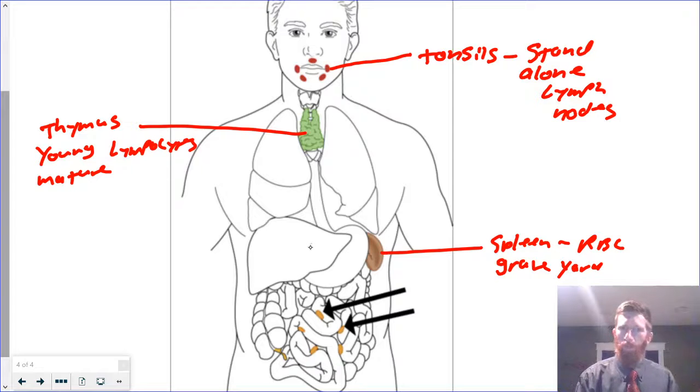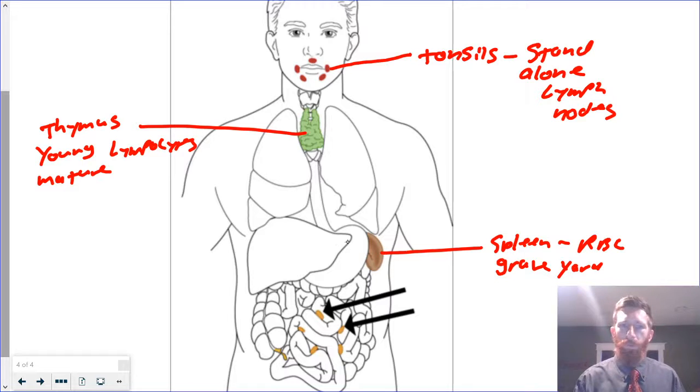So if you have a major blood loss event, like you cut off your arm and you're hemorrhaging or something like that, the spleen and the liver will actually contract and will actually put more blood into your circulatory system. Hopefully, while someone ties a tourniquet on your arm to stop the bleeding.